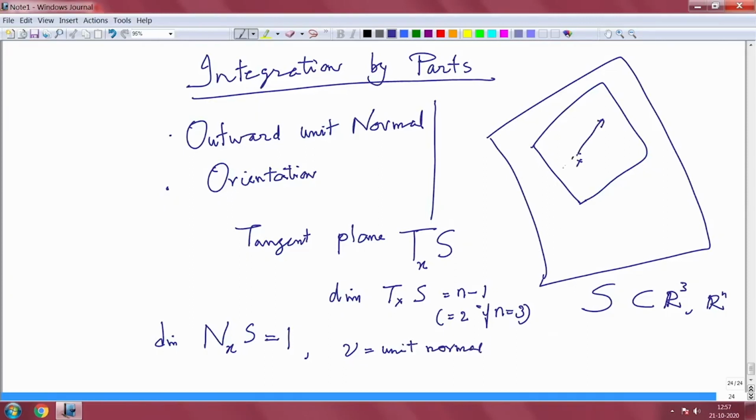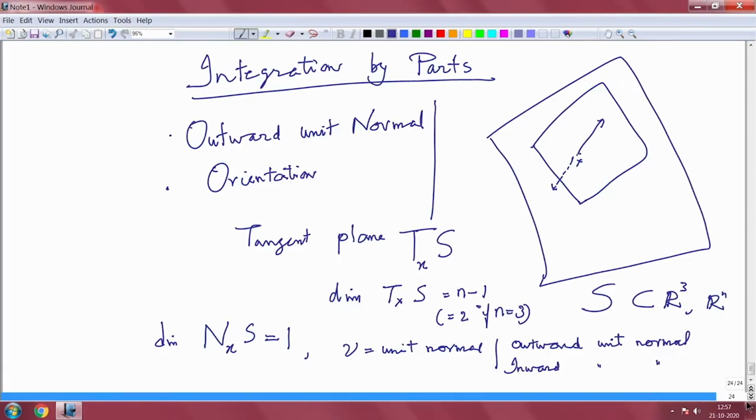So, the important thing is how do you understand outside and inside. What is the outward unit normal? And you have to understand what is an inward unit normal.